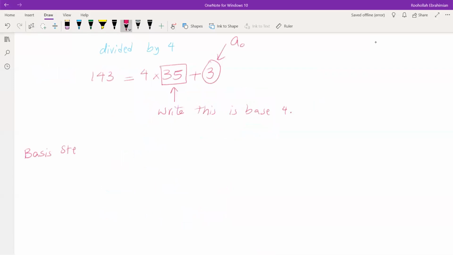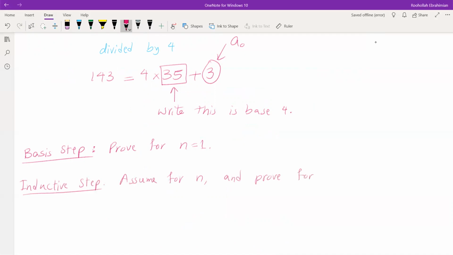The basis step would be prove for n equals 1, and the inductive step would be assume for n and prove for n plus 1. So that's the general idea of mathematical induction. We'll employ this idea and write it down very clearly for this particular problem.